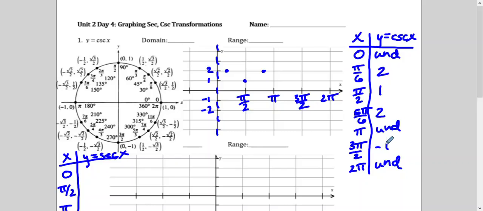And then here, this is undefined at pi, so this is another asymptote. And then at 3 pi over 2, we're going to have -1, which is going to be hard to see. Let me make a purple dot so you can see it. There you go. And then at 2 pi, it's going to be undefined.